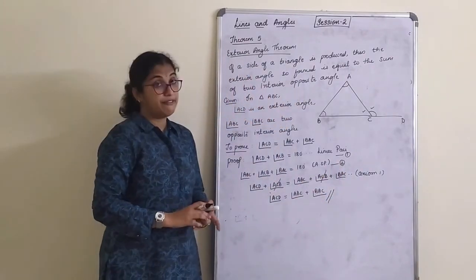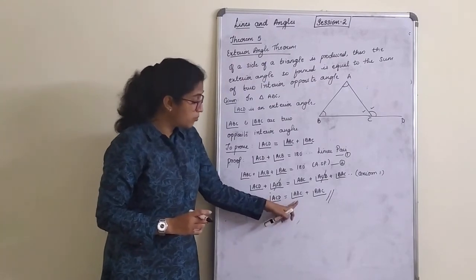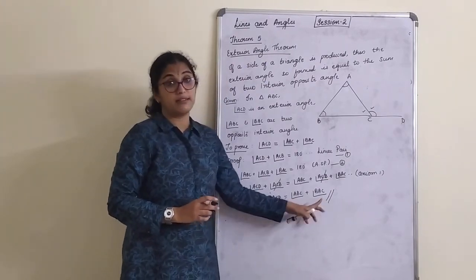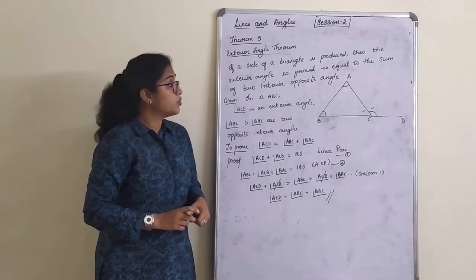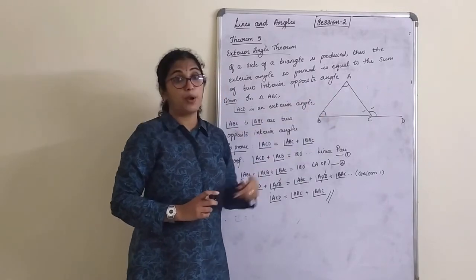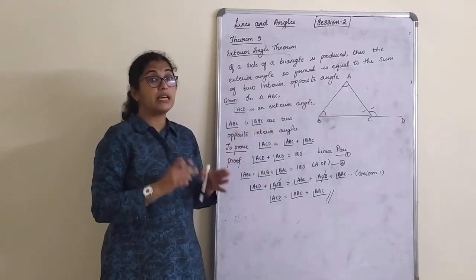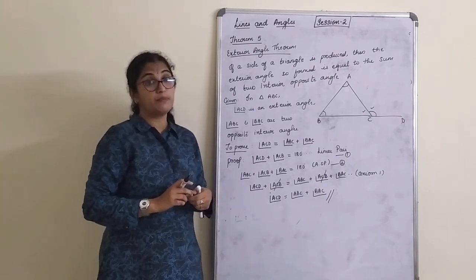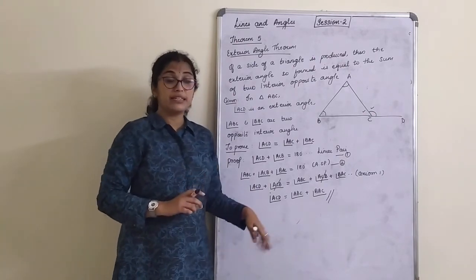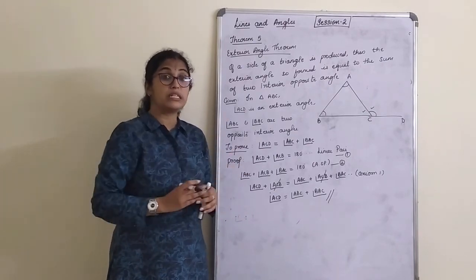So there we proved that the exterior angle of a triangle is equal to the sum of the two opposite interior angles of a triangle. So we first write the linear pair and then we take angle sum property, from equations 1 and 2, things equal to the same thing are equal to one another, and we prove this theorem. So these theorems we have solved are very important and will be used further.